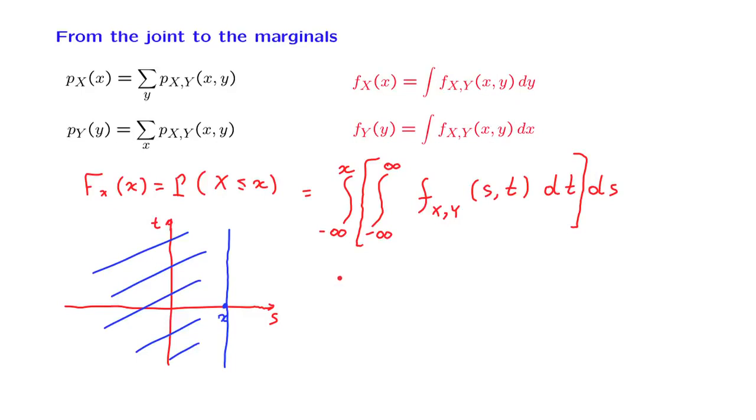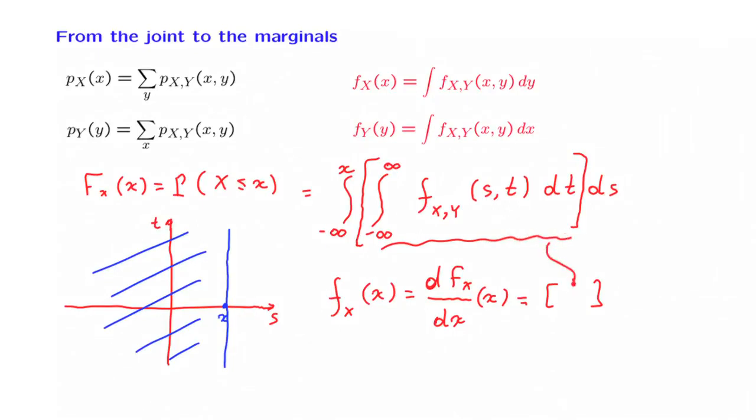Now, to find the density of x, all we need to do is to differentiate the CDF of x. And when we have an integral of this kind and we differentiate with respect to the upper limit of the integration, what we are left with is the integrand, that is this expression here. It is an integral with respect to the second variable, and it's an integral over the entire space from -infinity to +infinity.